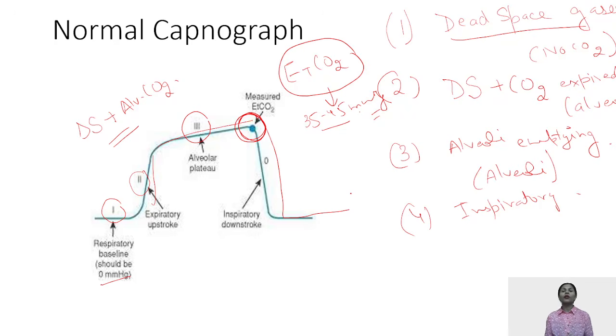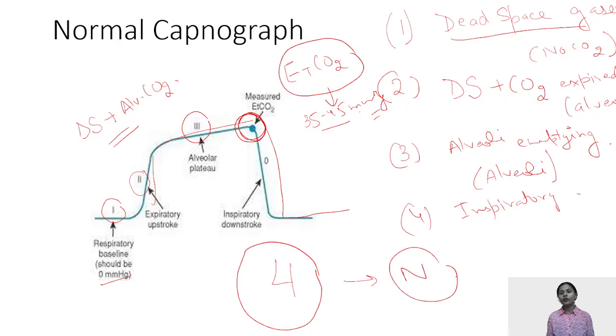When we talk about whether the patient has a normal capnograph, please look at least for 4 normal capnographs before diagnosing any condition. I repeat, look at 4 normal capnographic waveforms before you diagnose any condition.